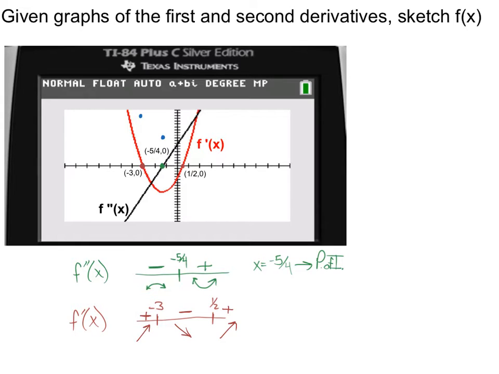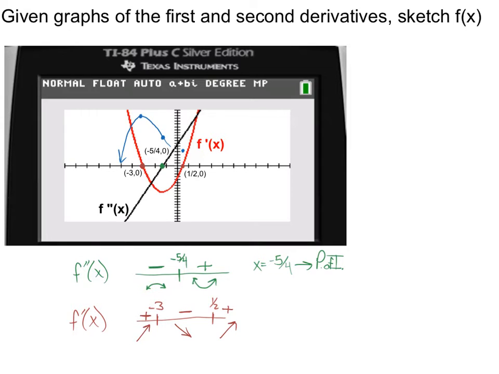So let's say that it happened to be here. Notice here, I'm increasing, but I'm concave down, right? And I continue to be concave down even though I'm decreasing now. Then I pass my point of inflection. At this moment, I've started to be concave up, but I'm still decreasing.